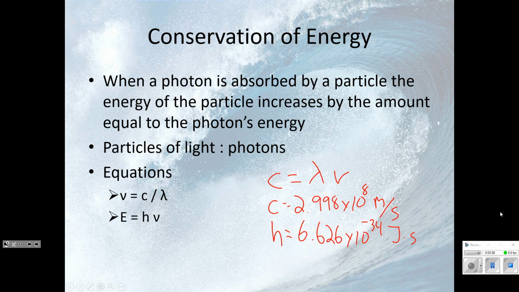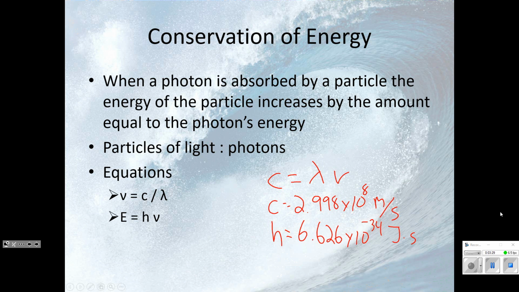However, frequency is how often something happens per second, so when you multiply Planck's constant, h, times frequency, the seconds part cancels out and you're left with joules as your final unit. That's the rationale behind that unit.